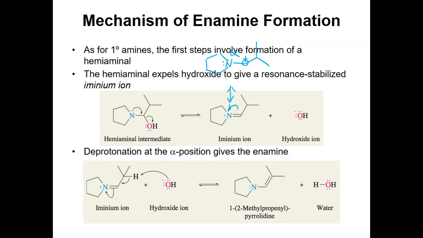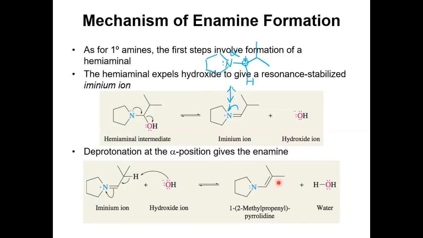So how many beta atoms do you have here? You have a hydrogen, a nitrogen, and a carbon. And how many beta protons can you have? There's only one beta proton here, because this is the alpha proton. There's no proton on the nitrogen, so only this proton can leave. So this gives you something called an enamine.